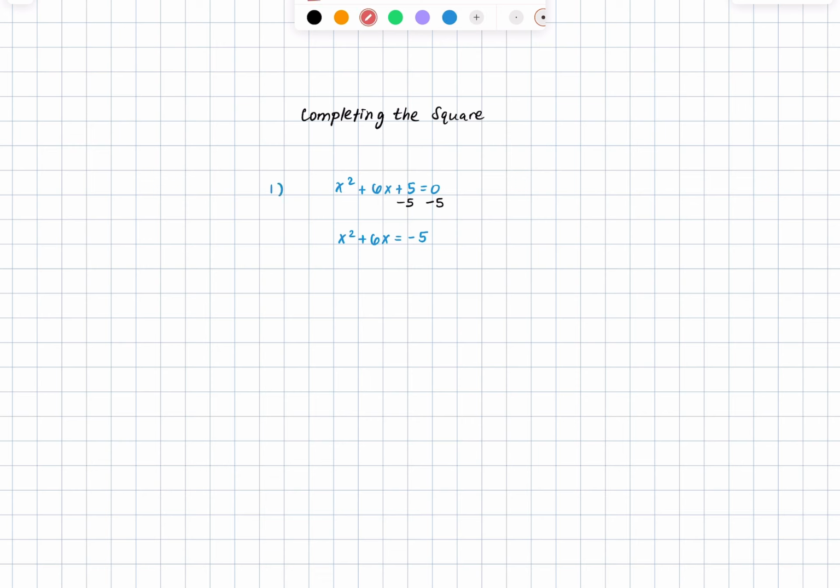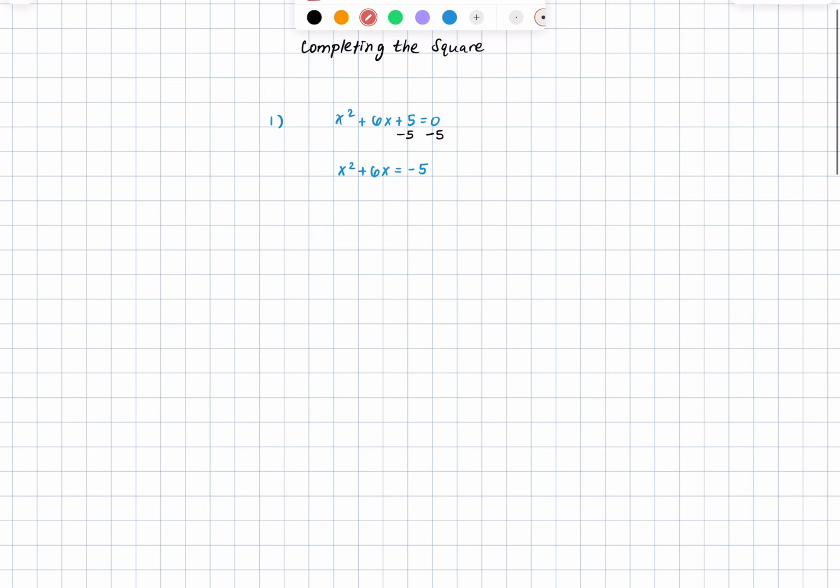My second step is going to be to find my new C value, and this process is called finding the number that completes the square. This number, the C value, is going to be found by using this formula, b over 2 squared.